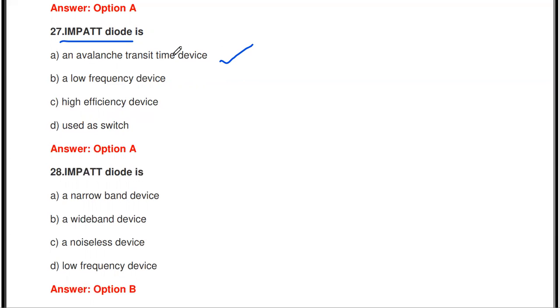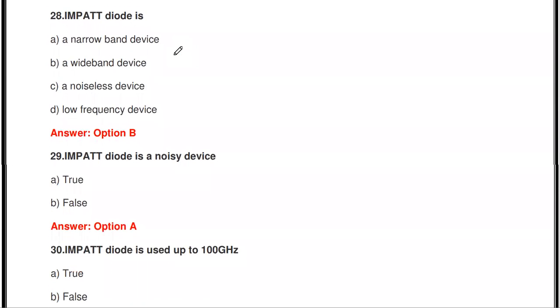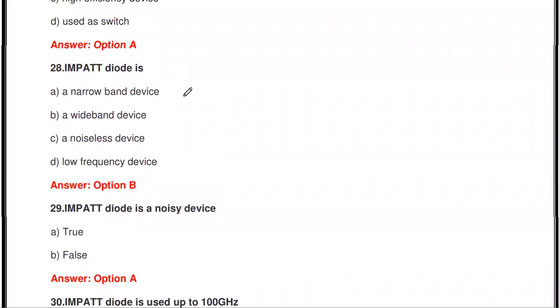Next, the impact diode is a narrow band device, wide band device, noiseless device, or low frequency device. Impact diode is a wide band device, used for a very high frequency range.